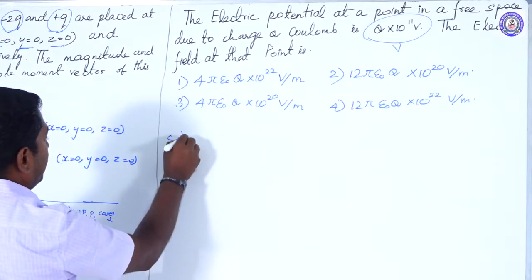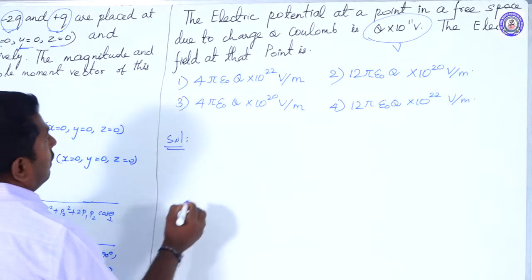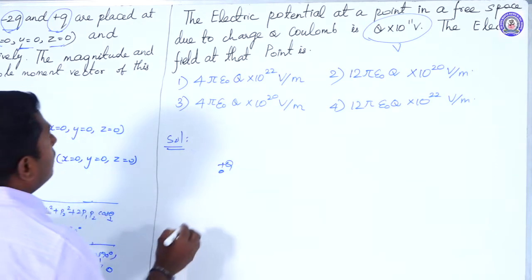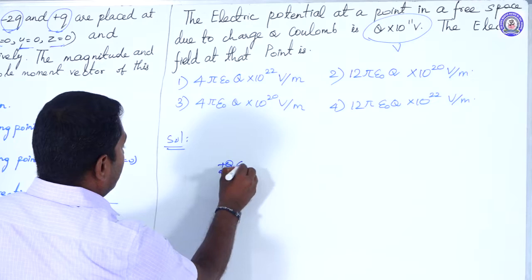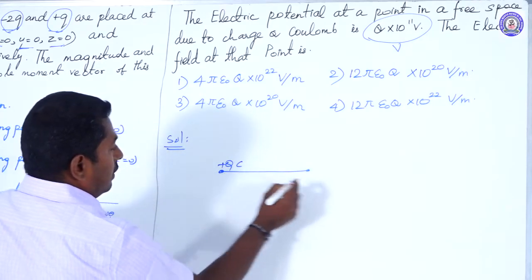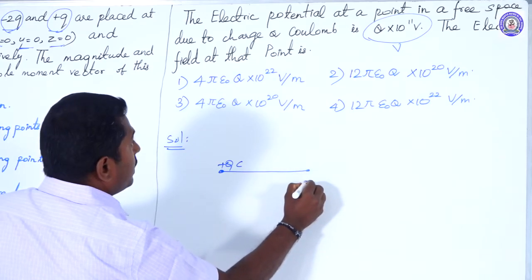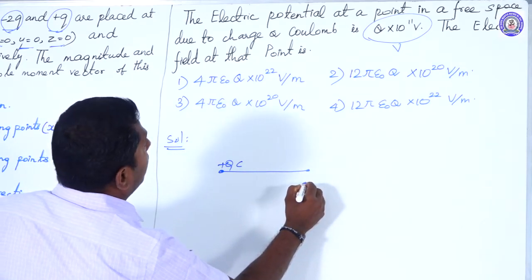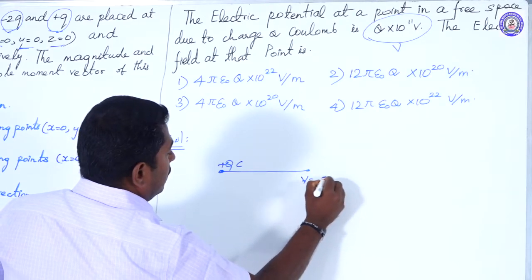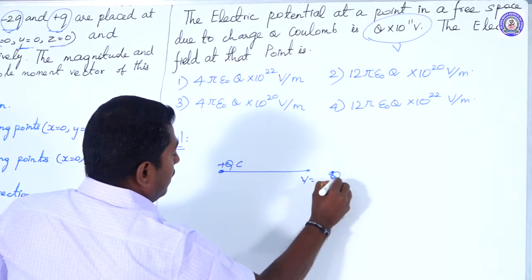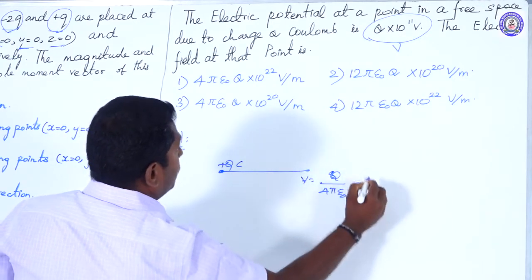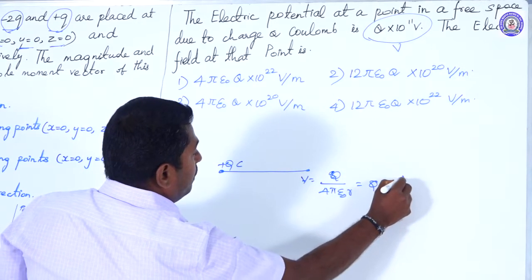The solution: an electric charge plus q coulomb in free space produces an electric potential V equal to Q divided by 4 pi epsilon naught R, which is equal to Q into 10 power 11 volt.